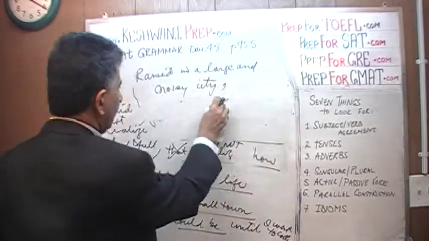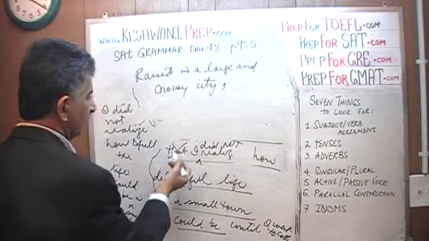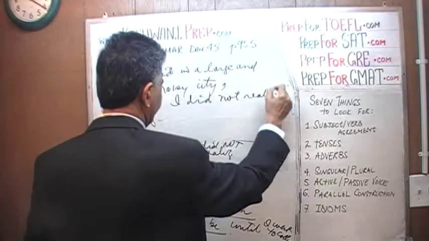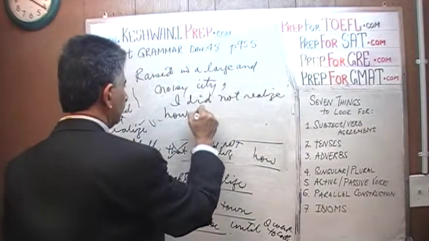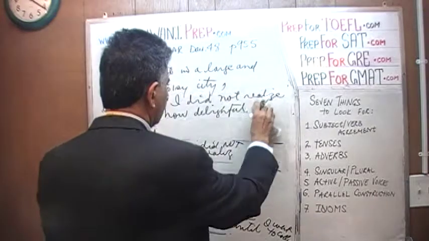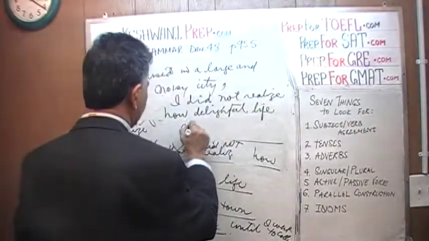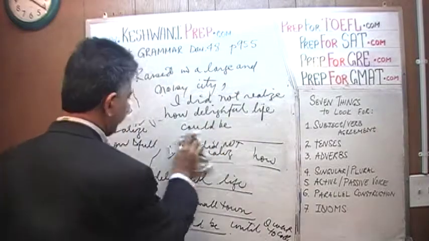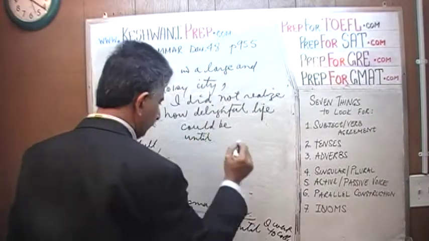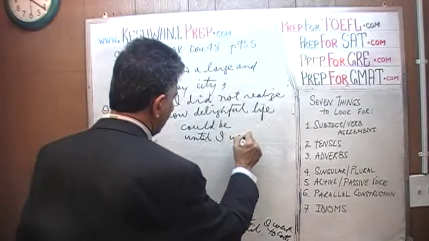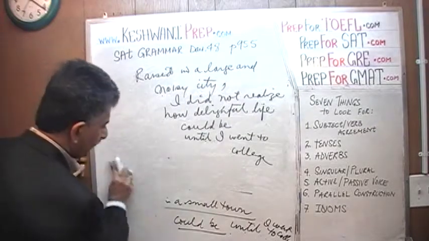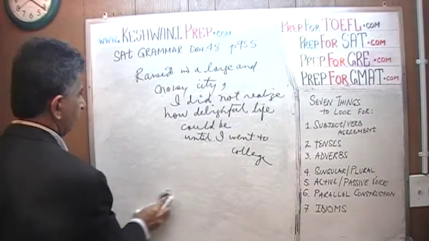And it says, raised in a large noisy city, I did not realize how delightful life could be until I went to college. There we go. This is much better.